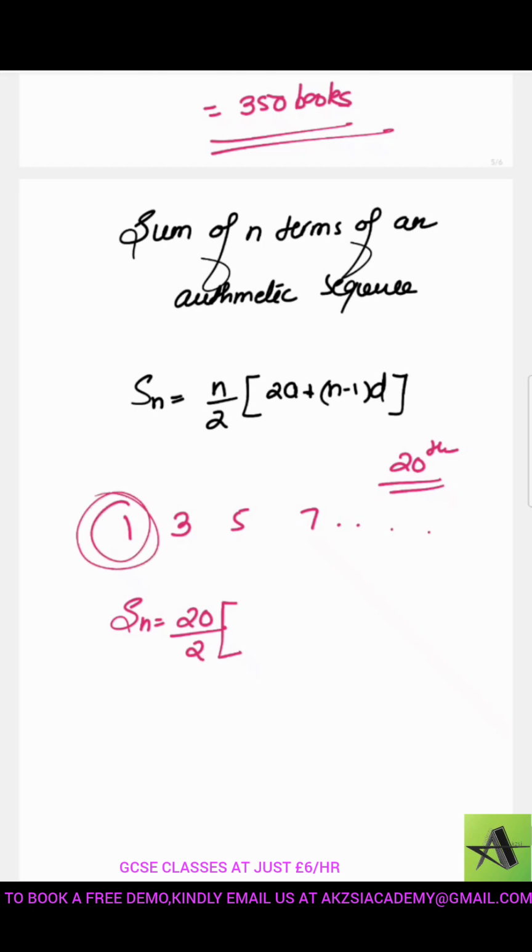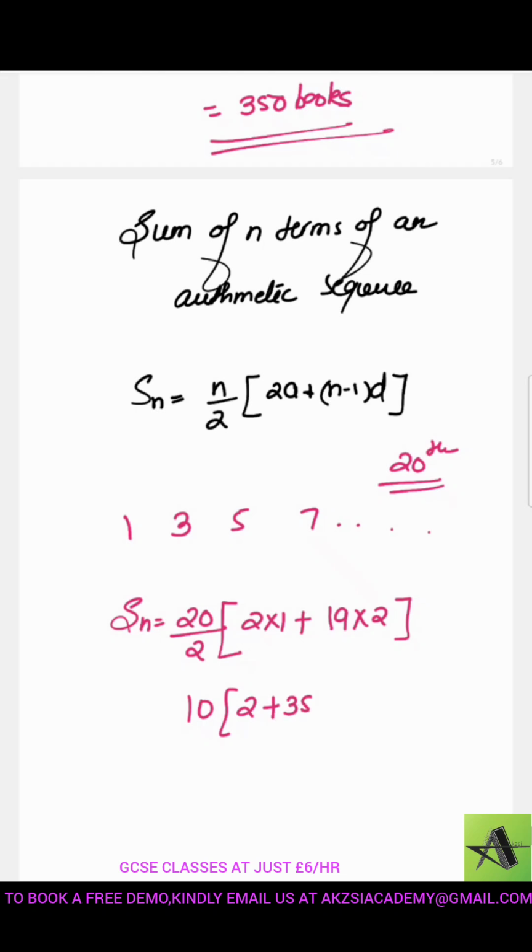A is the first term, which is 1. So 2 times 1 plus n minus 1, which is 19, times d. What is d? 2. You are adding 2 constantly. So this is 10 times 2 plus 38, which is 40. So the final answer is 400. So the sum of the starting 20 terms is 400.